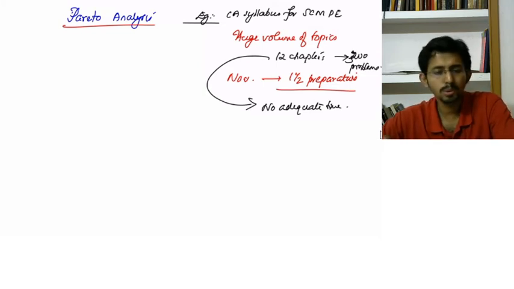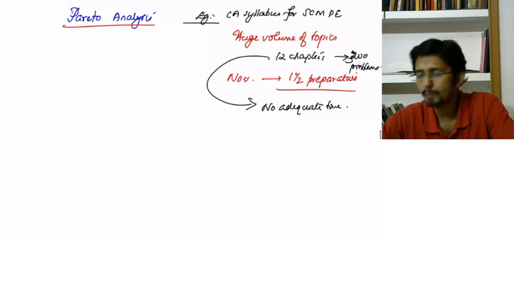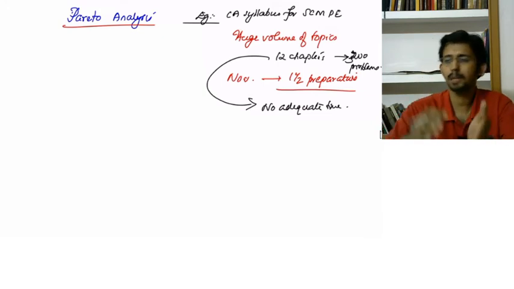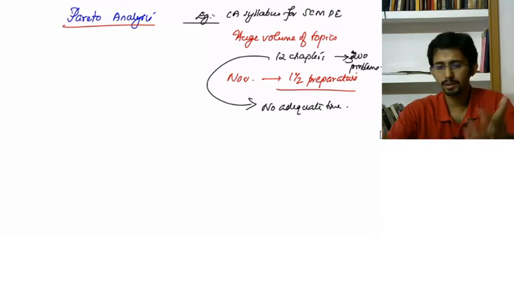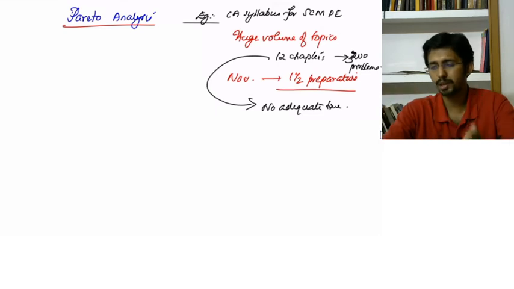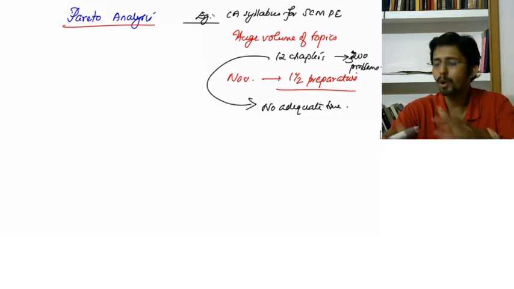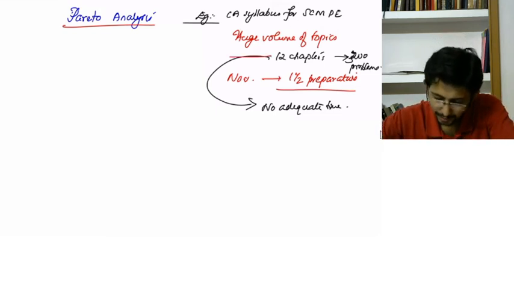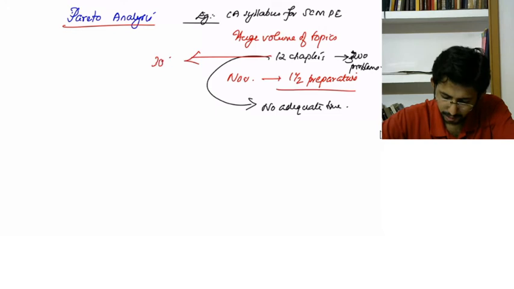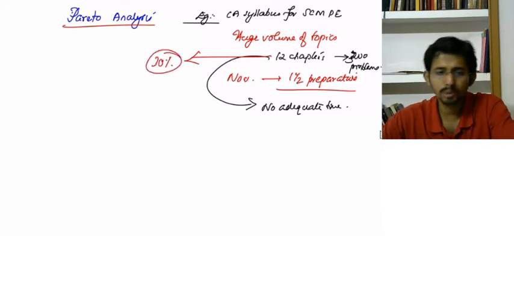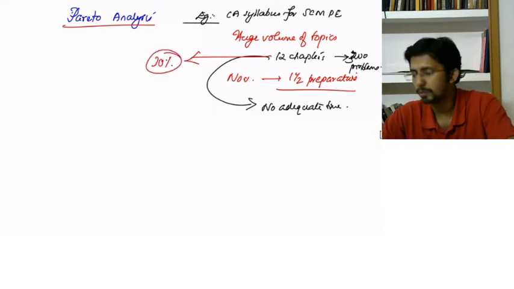If you start with your normal preparation style, like you start with chapter 1, go with the institute material first, then go to your reference, then practice the problems, you know that you will not be able to complete even 30% of the total chapters. You have other topics also to cover.